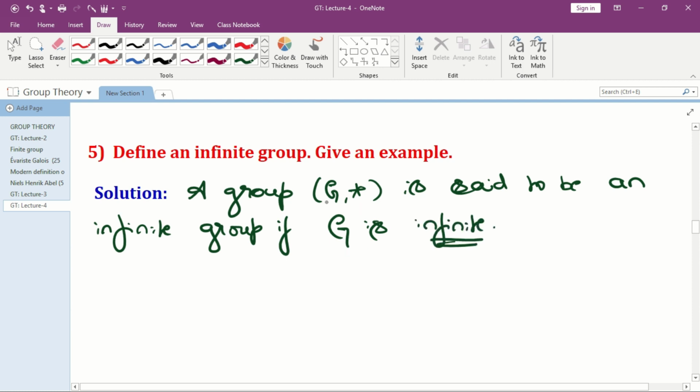If G is an infinite set, then that group is an infinite group. Example, the same examples which we have given: Z plus, or Q plus, or R plus, etc. These are all infinite sets, but cube roots of unity and square roots of unity we can't write here because those are examples of finite groups.